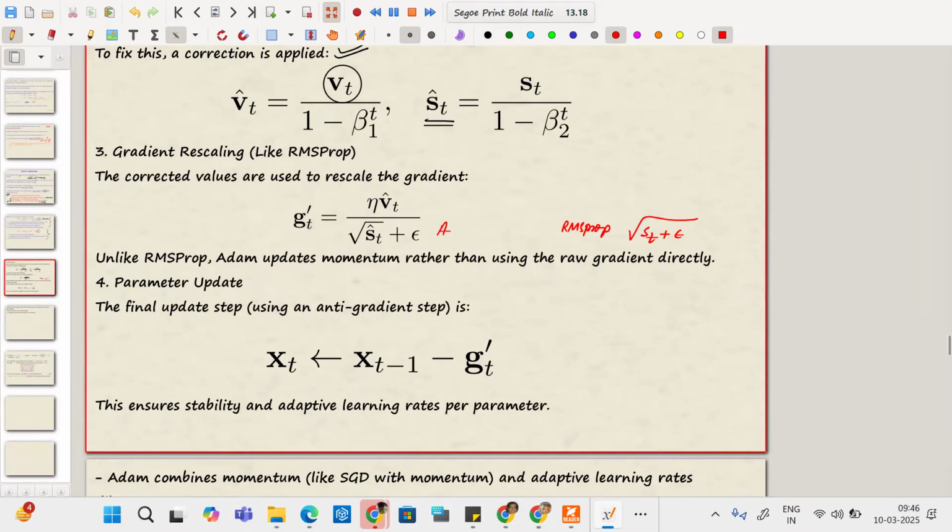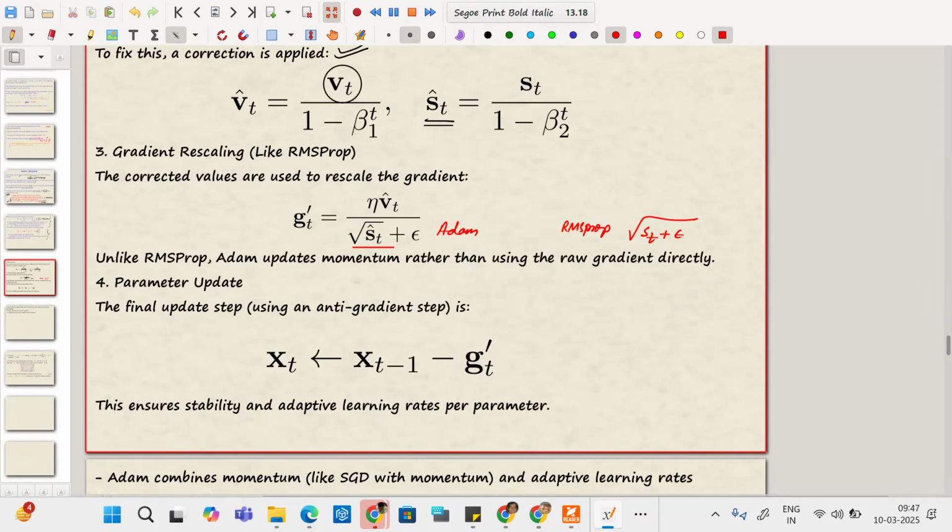But in Adam, we are taking just the square root of S_t, plus epsilon. Why this is the case is left to you. Try to see why. I am showing you the path, and somehow the bridge is not connected. It is your duty now to connect the bridge.